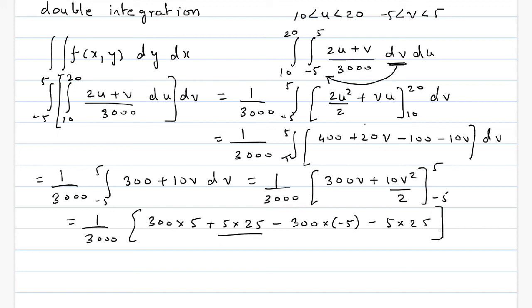So the plus 5 into 25 and minus 5 into 25 cancel out, and here minus minus becomes plus. So we will actually have 300 into 5 plus 300 into 5, that is 300 into 10, so we will have 3000. So we get again 3000 by 3000, that will be equal to 1.